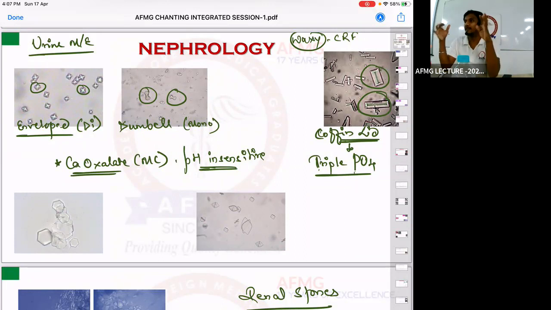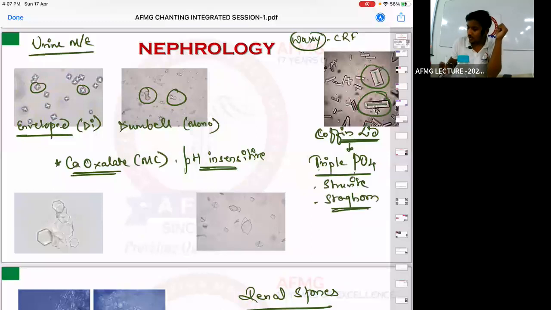These triple phosphate stones have the tendency to take the shape of the pelvicalyceal system of the kidney. They can be so large and therefore these are called true white stones or which type of calculi? Staghorn calculi.